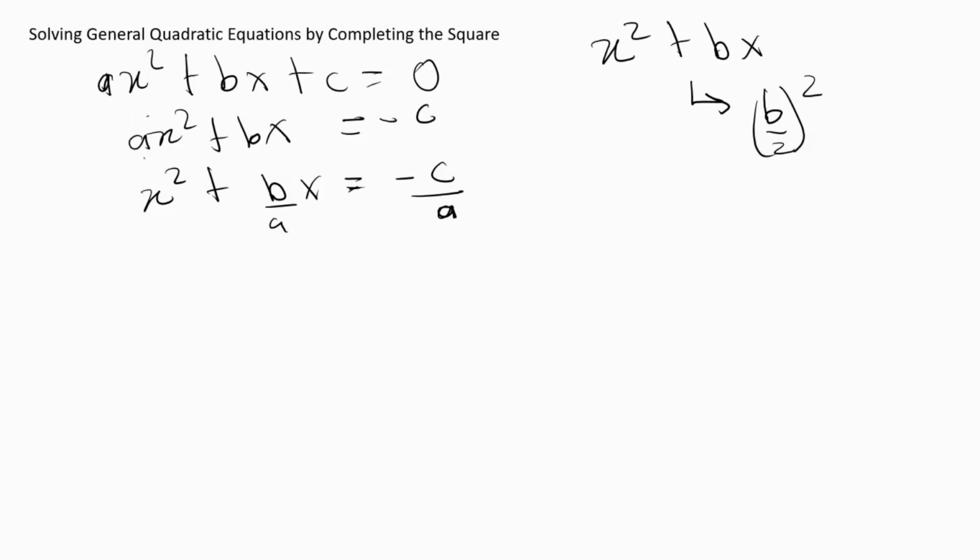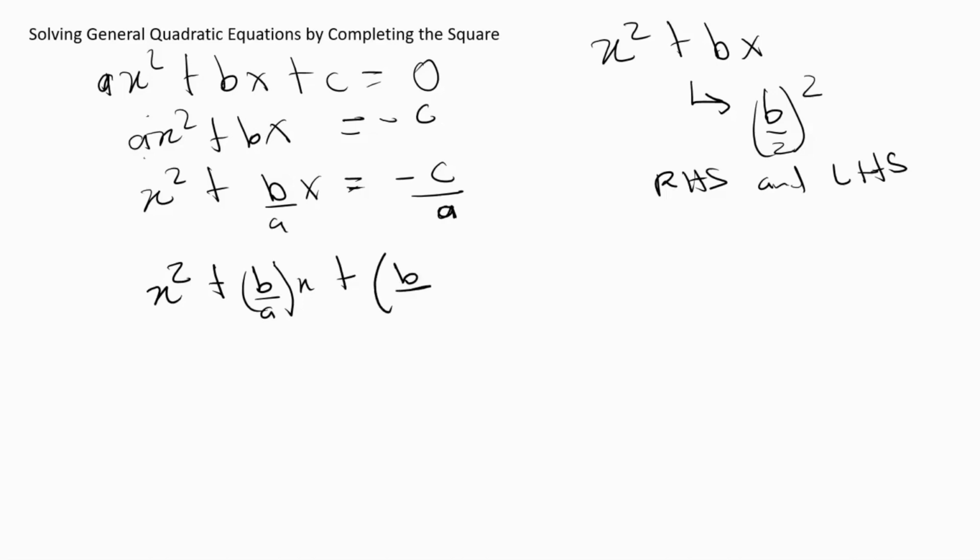But given that we have both the right hand side and the left hand side, we know that whatever we do on the right hand side, we have to do on the left hand side, right? So we can say x squared plus b over a x plus that constant over 2, which would be b over 2a, squared, is now equal to b over 2a squared minus c over a.